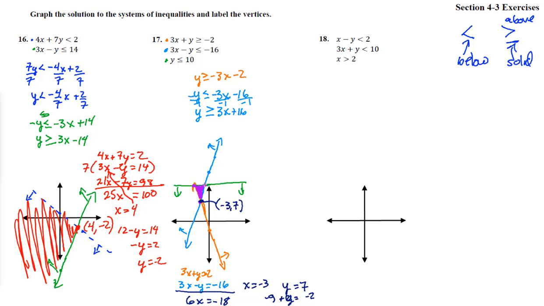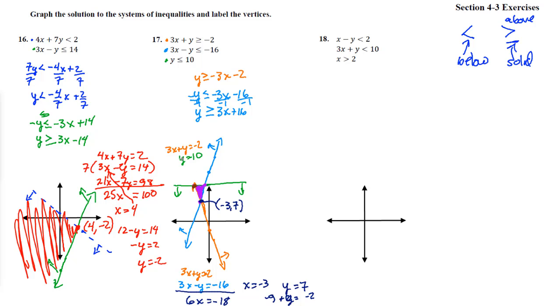All right, let's solve these other ones. If we take the orange one, which is 3x plus y equals negative 2, and we take the green one, y equals 10, we'll get that point right up there at the top. Let's get a different color out there and mark it, this brown one.